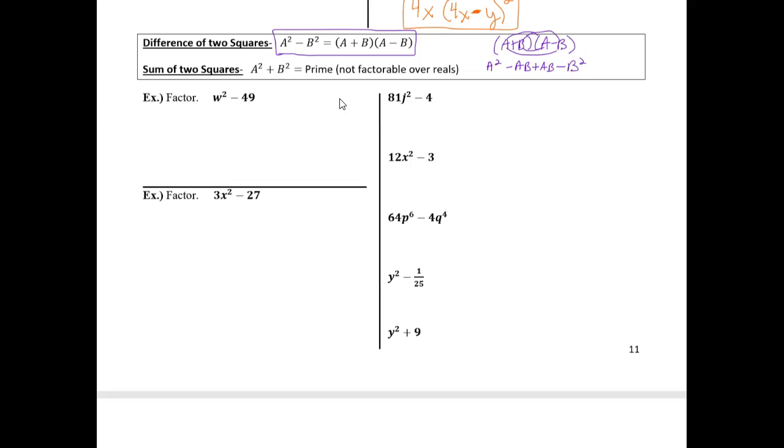So notice that we have like terms in the middle, negative AB, positive AB, that's 0. Hence, we end up with just A squared minus B squared.